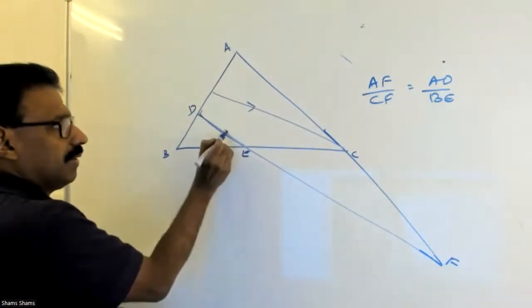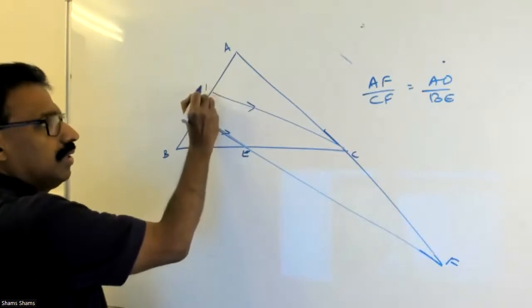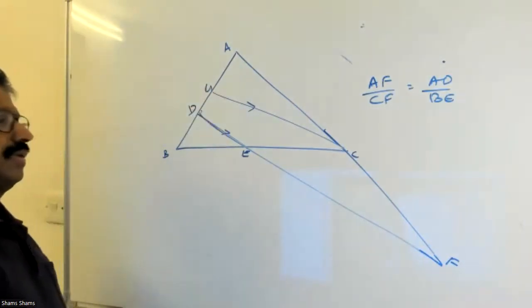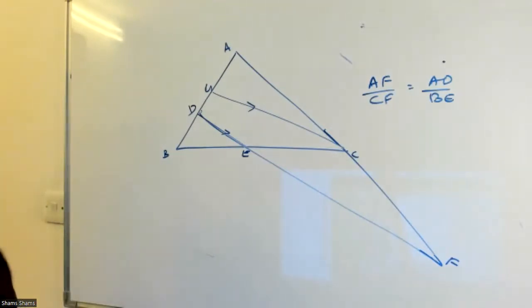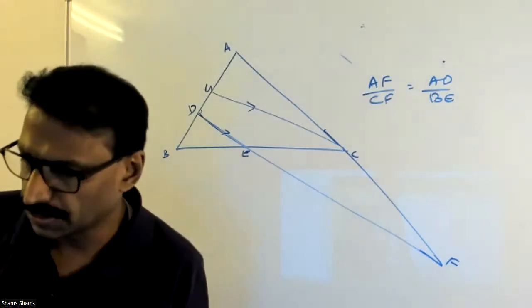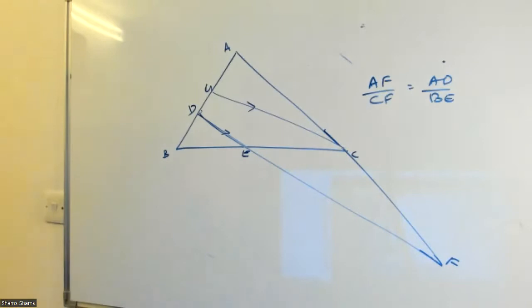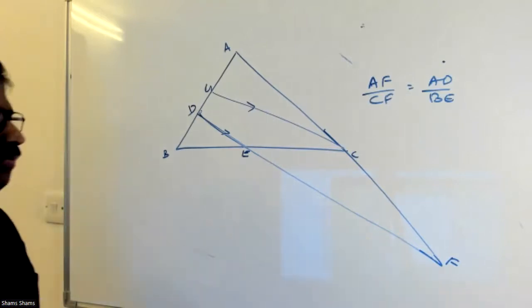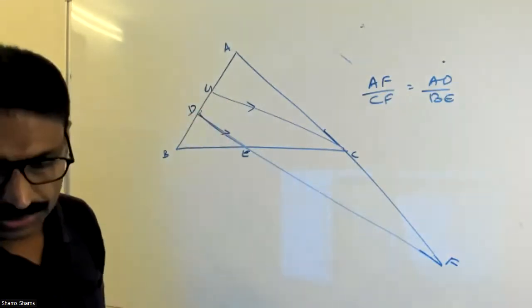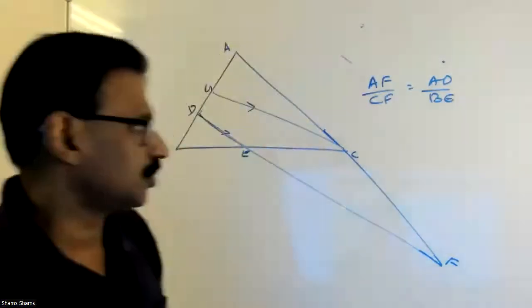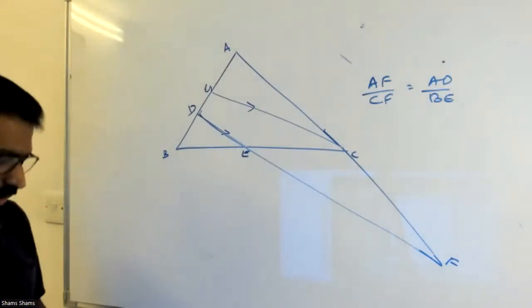We can call it G. Construction: through C, draw CG parallel to DF.